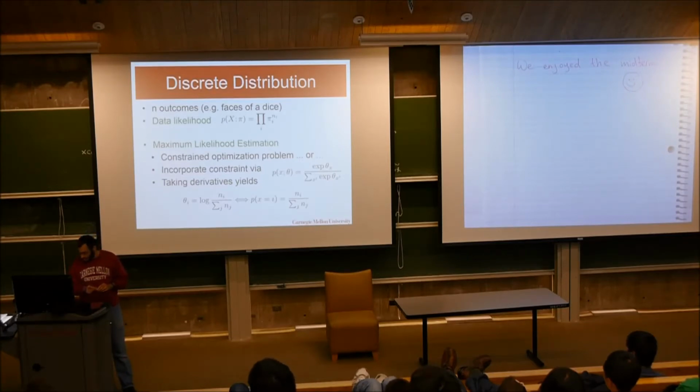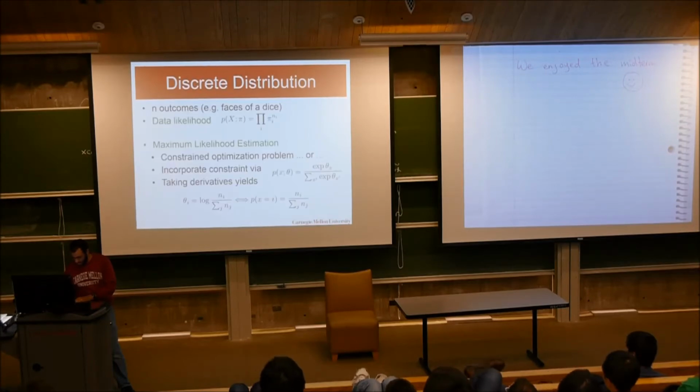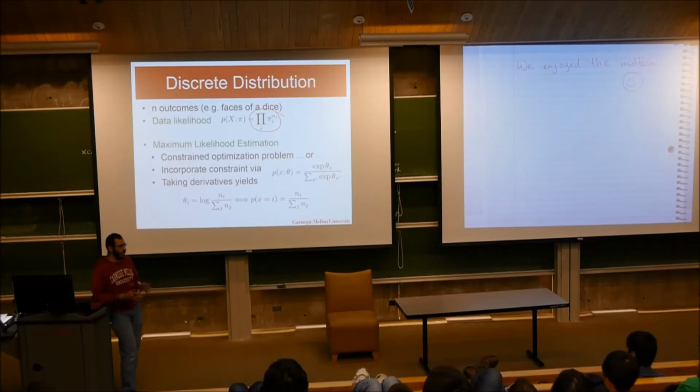So if you want to find pi that maximizes the likelihood of the data, so we will maximize this quantity subject to some constraints, right? What are these constraints? It has to correspond to a probability distribution. Yeah, pi_i has to form a probability distribution. That means each pi_i has to be greater than or equal to 0, and they have to sum to 1.